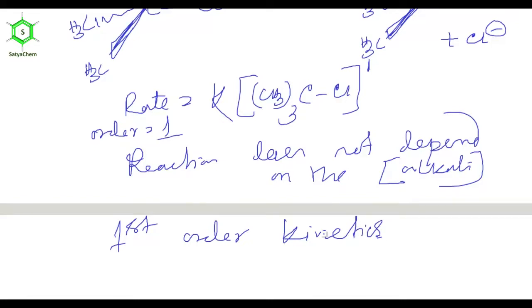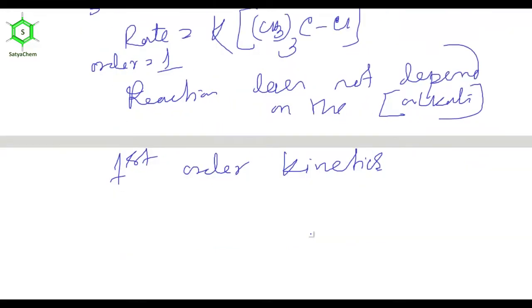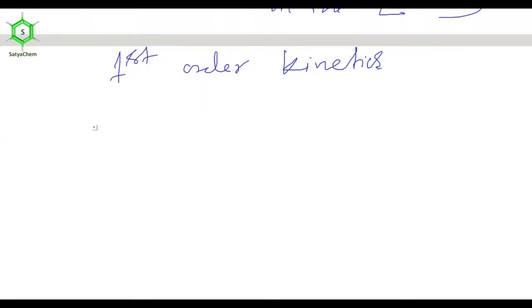Clear? To explain this, it has been suggested that tertiary butyl chloride ionizes slowly to form an ion pair in the rate determining step. So this ionization process is the rate determining step. Okay, so I am showing you. This is tertiary butyl chloride.